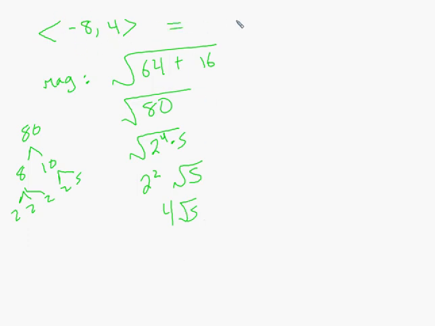But I want it as a unit vector. So I take both the components and divide them by 4 root 5. Now, just because I said you don't have to rationalize doesn't mean you don't simplify. I go ahead and simplify that. 8 divided by 4 is 2.